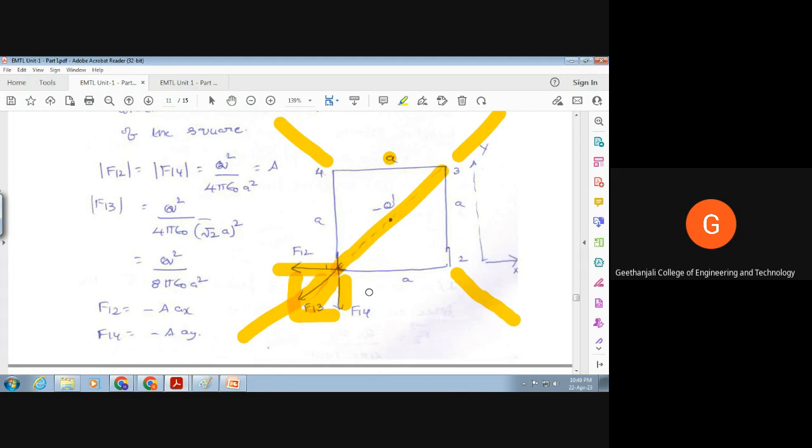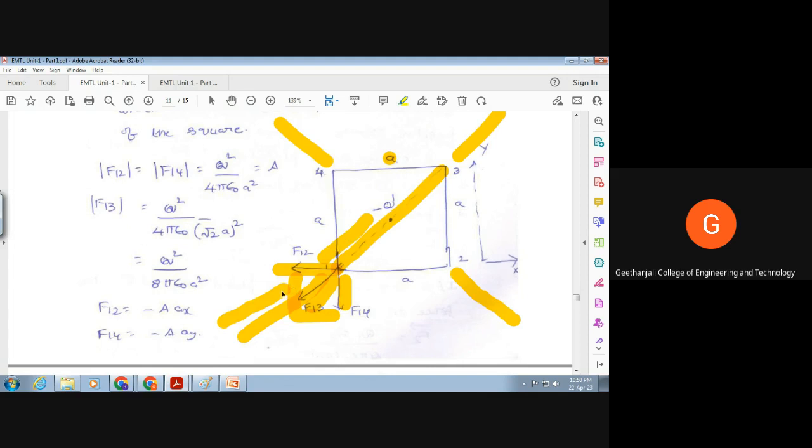Now, just now we have seen that when I place these 4 point charges at the four corners, each point charge experiences a force in the diagonal direction. So if I can create an equal and opposite force, then these two forces will nullify each other.